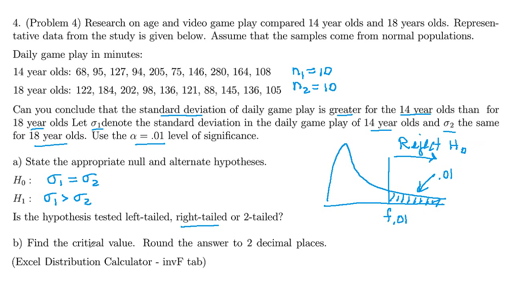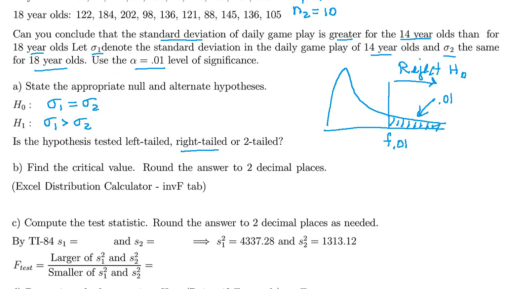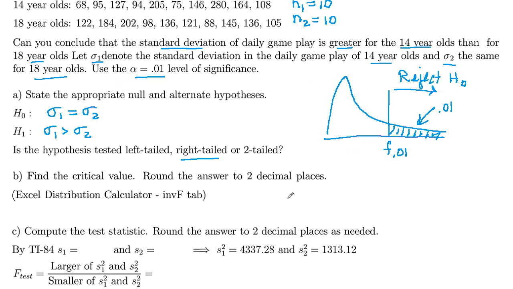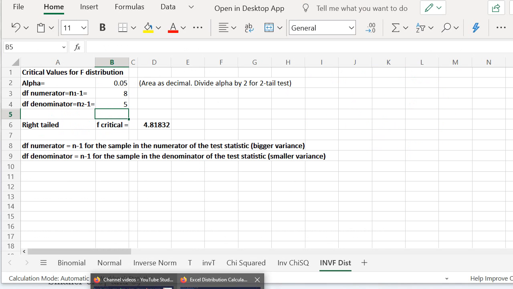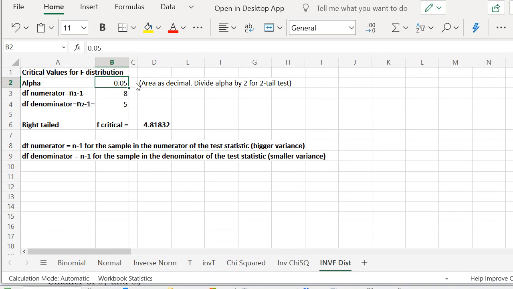So let's go ahead and find our critical value. And we'll round to 2 decimal places. So let's go to the distribution calculator. Again, you can use the table if you want to. Our value of alpha here was 0.01. And then degrees of freedom numerator and denominator. Well, both the sample sizes are the same, so it doesn't matter what's numerator and what's denominator.